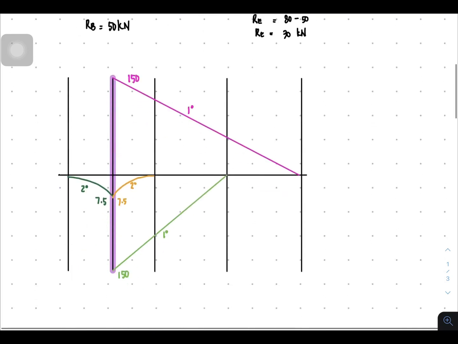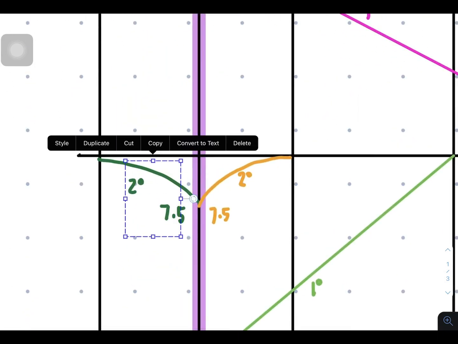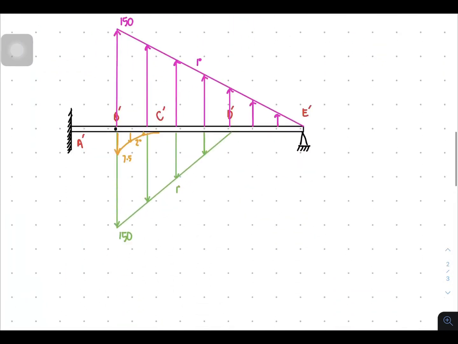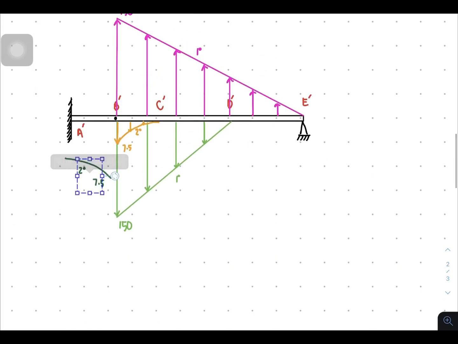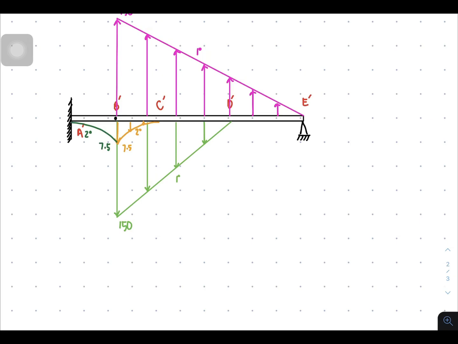Also, do not forget that you still have this load. Copy and paste it. Of course, you have to place direction downward.